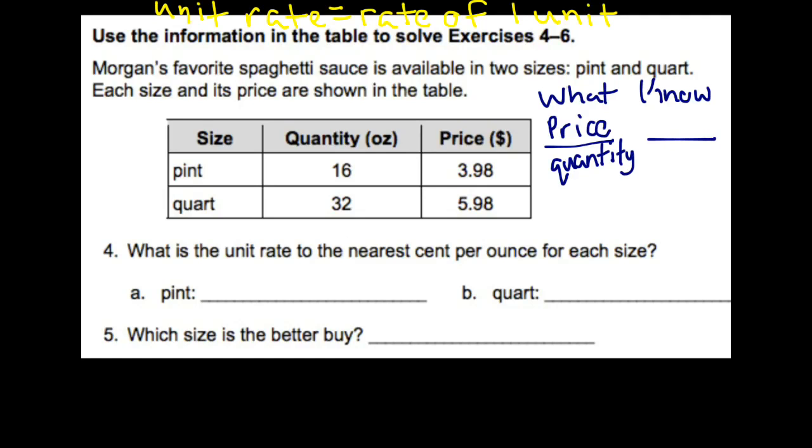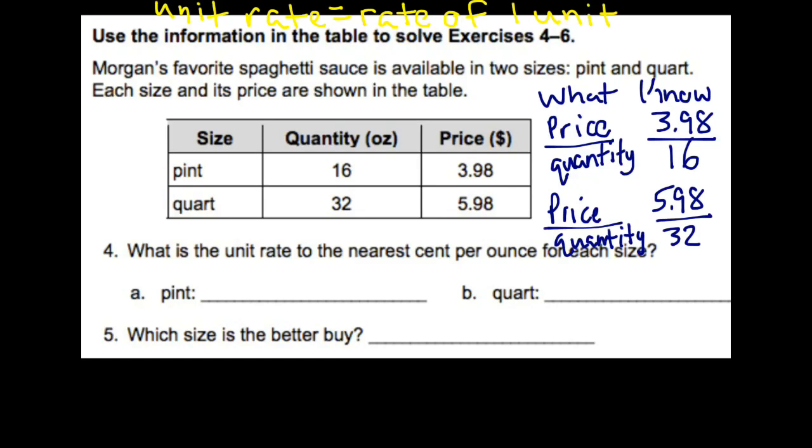And I'll start with price of $3.98 and then 16 pints. And I'll put below it the price and the quantity of the second one, which is $5.98 over 32 quarts.